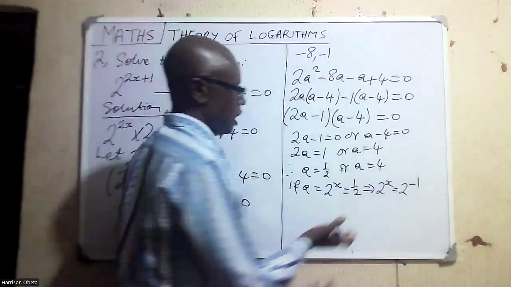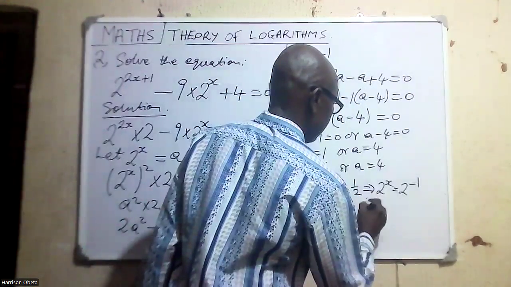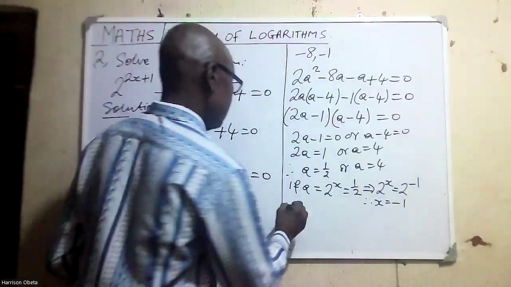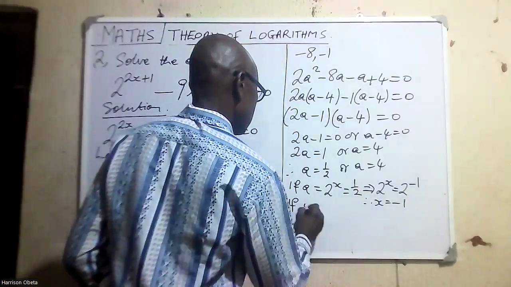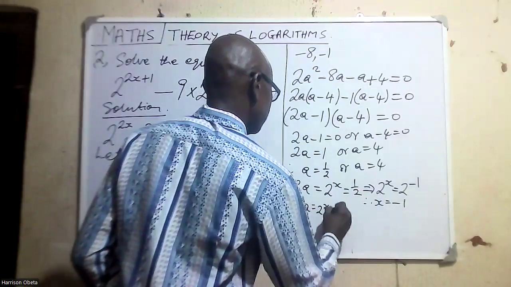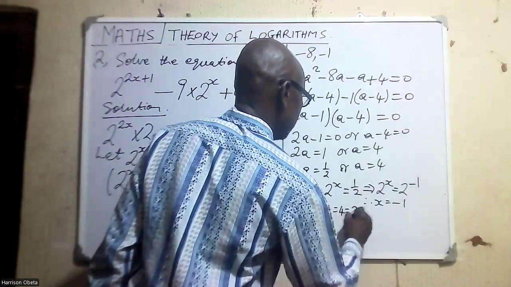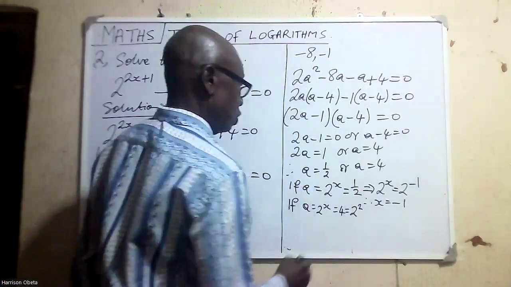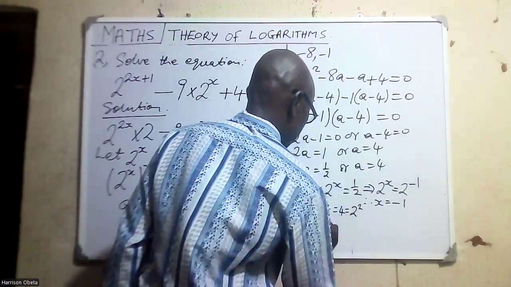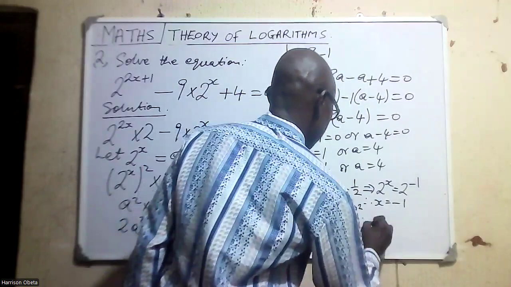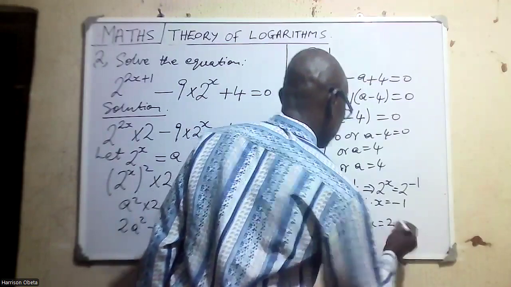That means that x is equal to minus 1. But if a is equal to 2 raised by x, which is equal to 4, this is the same thing as 2 raised by 2. So 2 raised by x equal to 2 raised by 2. Therefore, x is equal to 2.